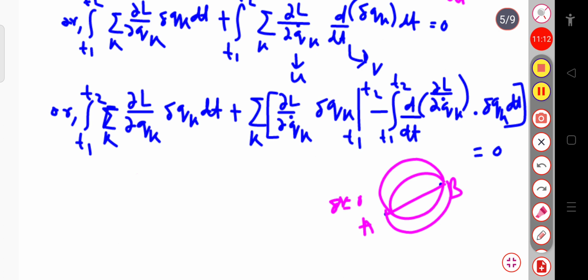That is, for every path the change in displacement is 0. Also at the point B, the position change in these two different paths will be equal to 0. So at the end points A and B, delta r or delta qk equals 0.